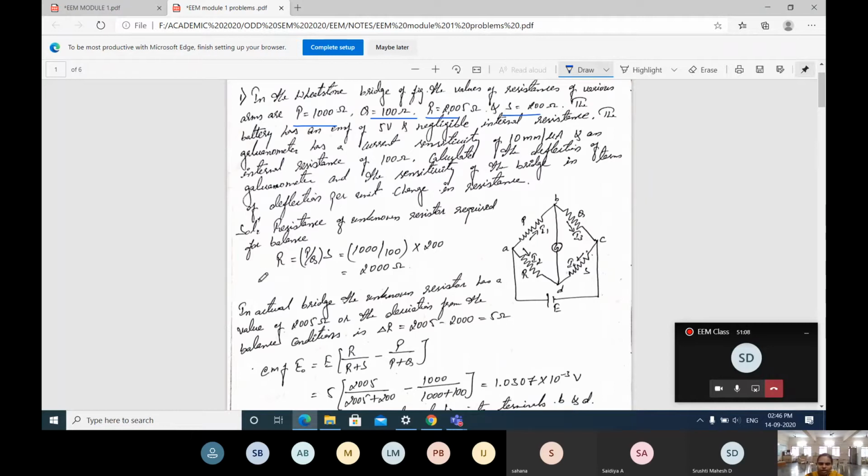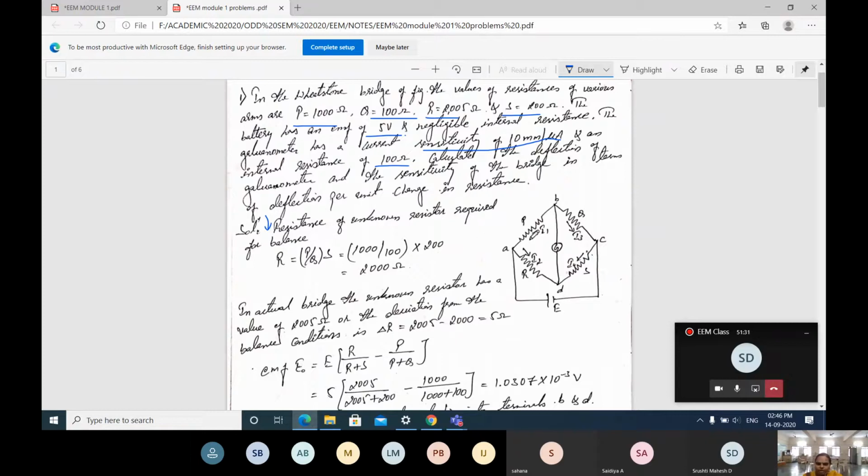Solution: P, Q, R, S. Then EMF, E is given as 5 volts. Then sensitivity SB is 10 millimeter per microamp. Then internal resistance G is given as 100 ohm. First you write a list of those, then start solving the problem.